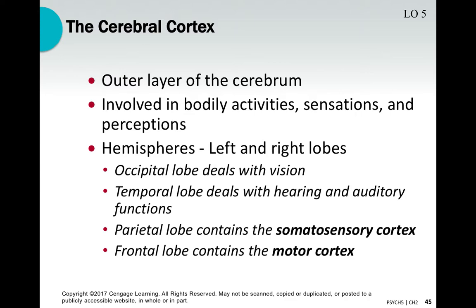And the somatosensory cortex, I'll show you a picture of this in just a moment, but it's a really thin strip of cortex on the top of your brain that is associated with touch. On this strip of cortex, each part of your body is represented on a tiny portion. So if you stimulate certain parts of the cortex, it'll feel like different parts of your body are being touched.